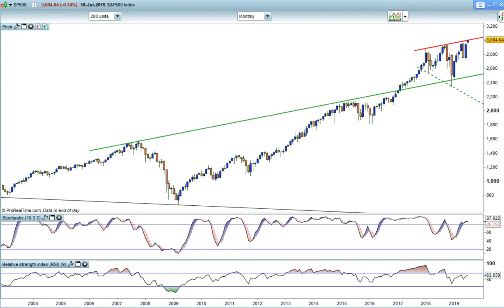But what they're doing, I know because I was doing it as well, is looking at this very, very carefully. Now, one of the rarest topping formations is what we call a broadening top. And this is what we have been seeing. If you look at the monthly ranges, you can see since 2009, we've been quite steady.